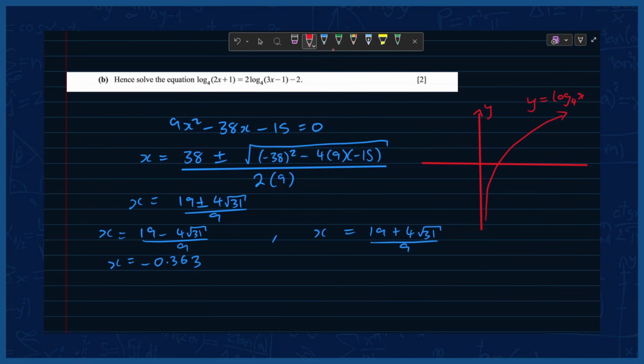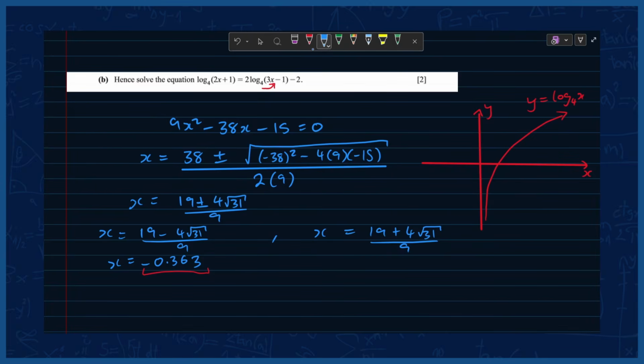This is your y-axis, that's your x-axis. They're only defined when x is greater than 0. Whenever x is negative, they're not defined. So we can't accept this solution because it will cause problems when we punch it into that logarithm, because it can't process that value. So we're going to disregard that solution.